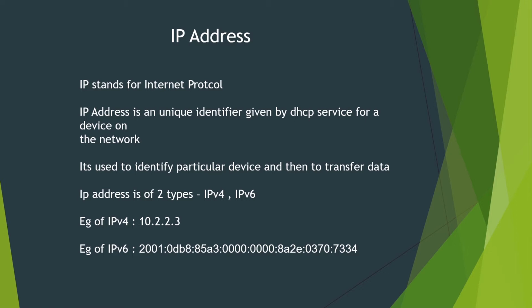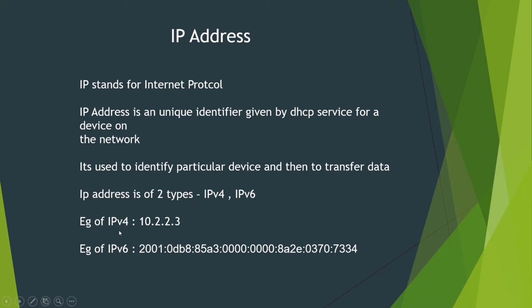So that's why there is a lack of IP addresses, and that's why IP version 6 came into play. But even though we are using IP version 4, because the protocols already implemented are using IP version 4 addresses, throughout this course we will be focusing on IP version 4 only.